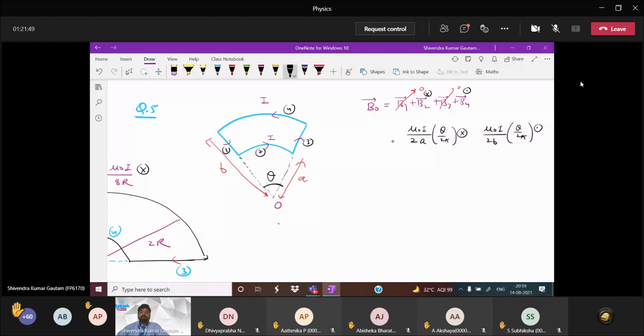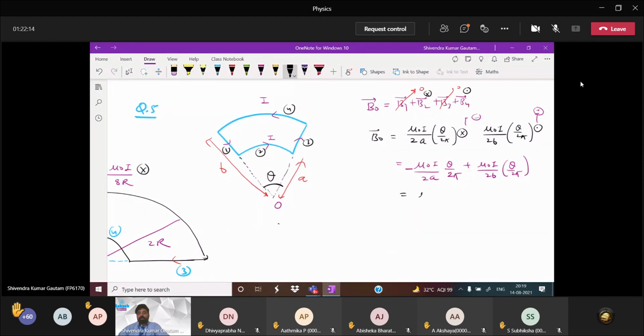If you want to write in terms of plus minus, if you take dot as plus, then cross will be minus. Then you can write mu naught I by 2a theta by 2 pi, minus, plus mu naught I by 2b theta by 2 pi.